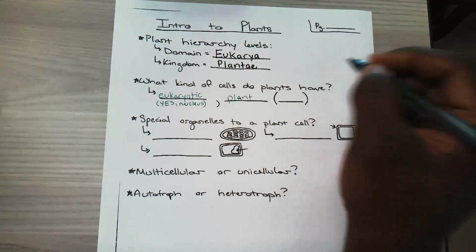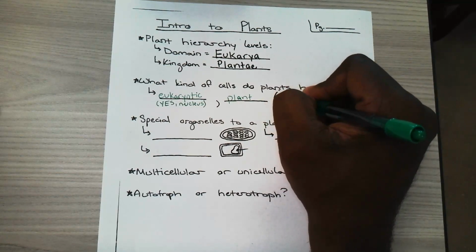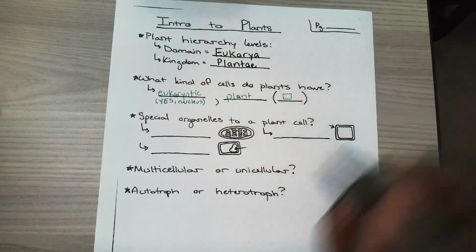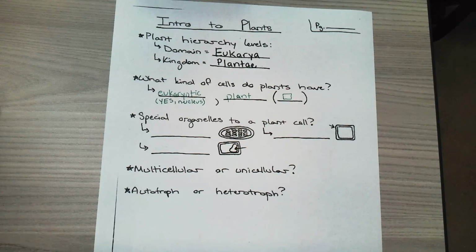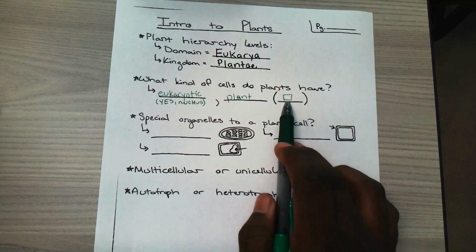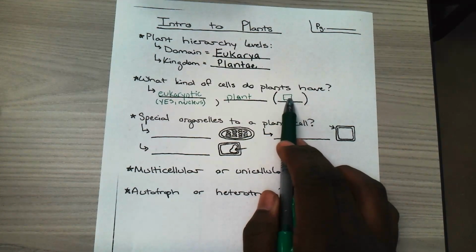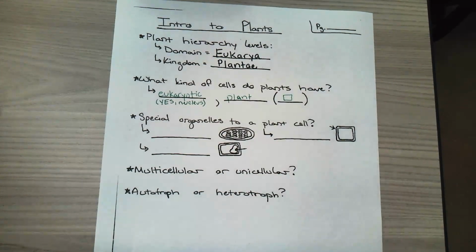And what do they look like? Well, they have a square shape to them. If you think back, I know it's hard to think first semester, but when we did the lab with the onion cell and we looked at an onion cell under a microscope, most of those onion cells had a square type shape to them.